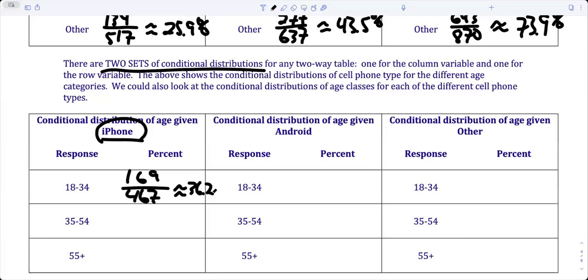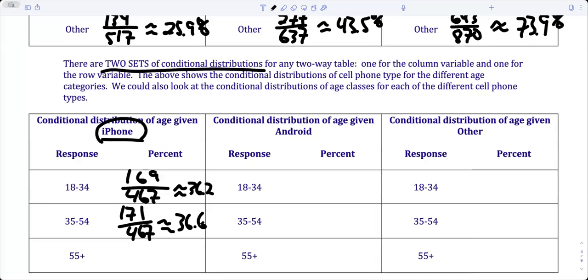Look back at the table. How many 35 to 54-year-olds were using an iPhone? 171 out of the total. The total doesn't change in this case. So this is 467, which is approximately, let's say, 36.6.